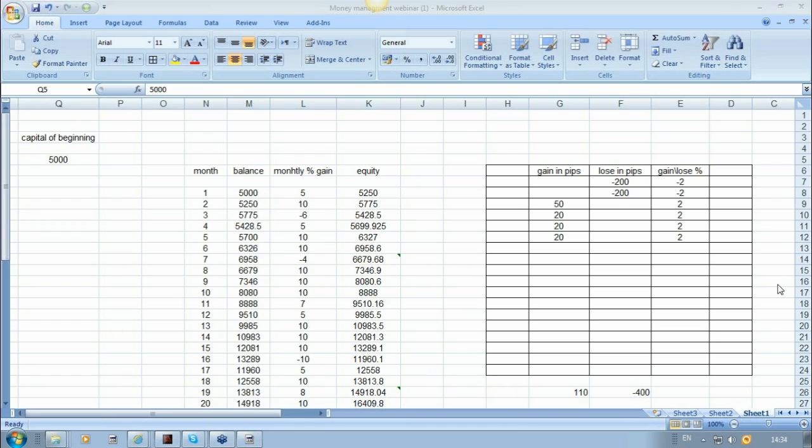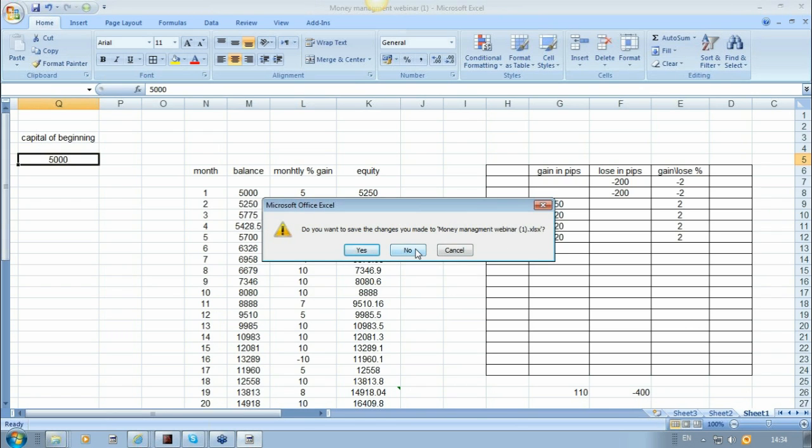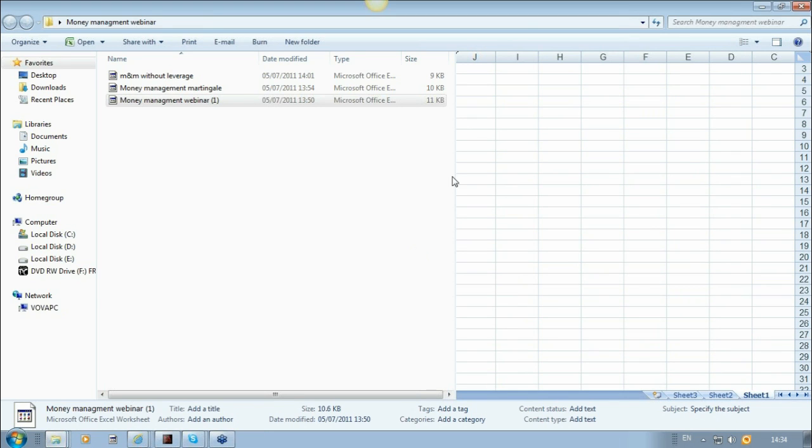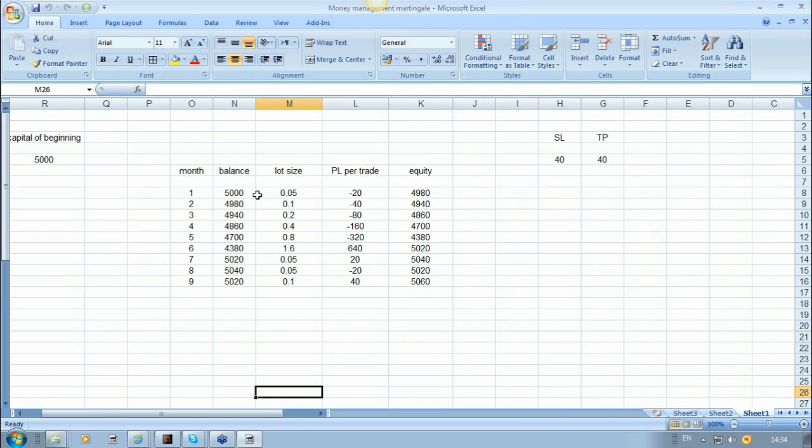Okay, cool. Friends, let's move on. I close this one, and let's go for another one, the Martingale, the one that so many people hate. I personally love it.